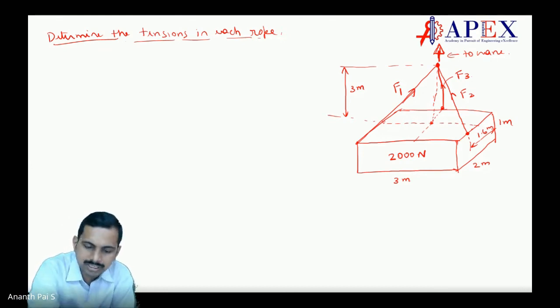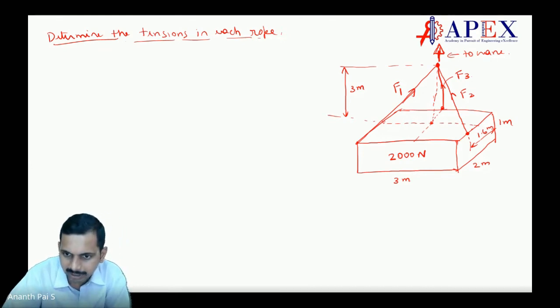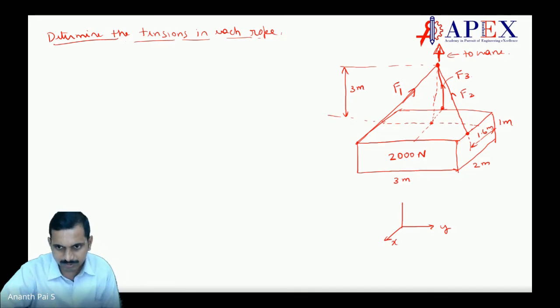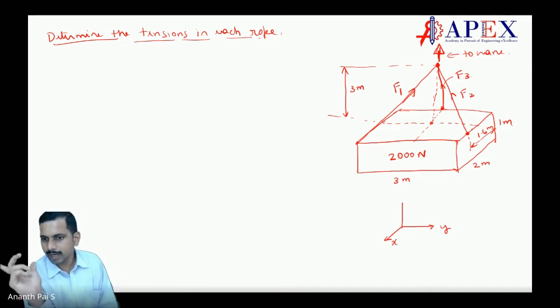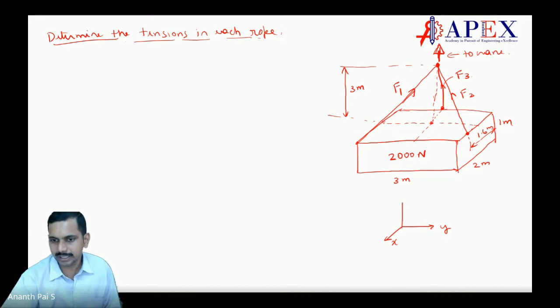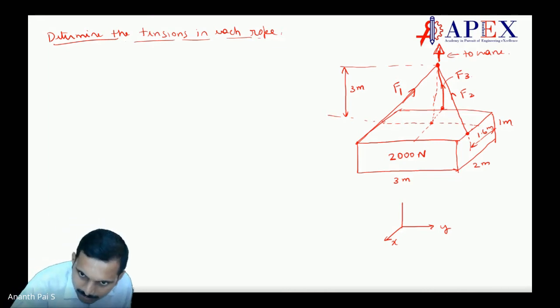Let us fix x, y, z so that we will not have any confusion. It is given that this is y, this is x. So where should z be, students? So y, x, z, correct? So z is up, not down. So this is z.